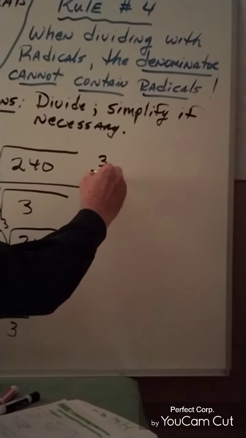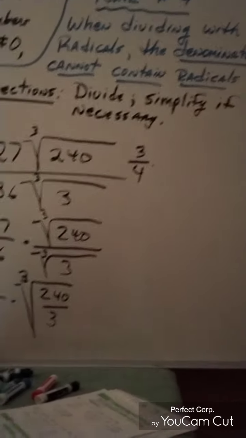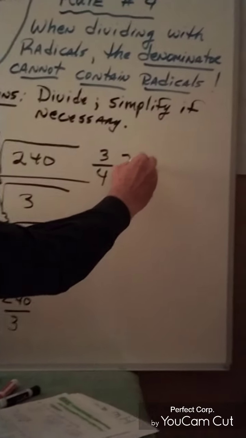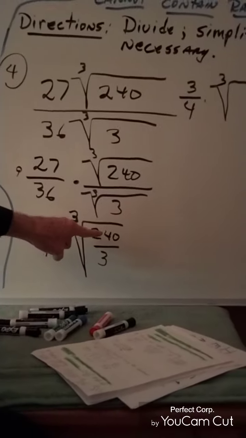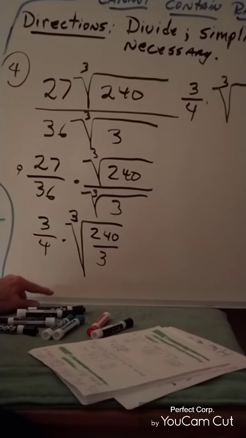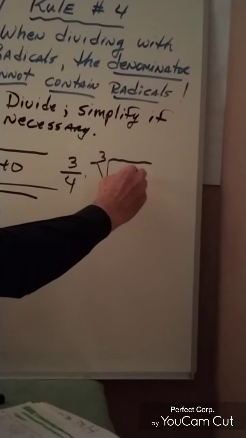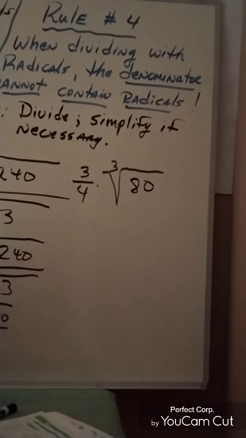3/4 multiplied by the cubed root of 240 divided by 3, which will give 80.